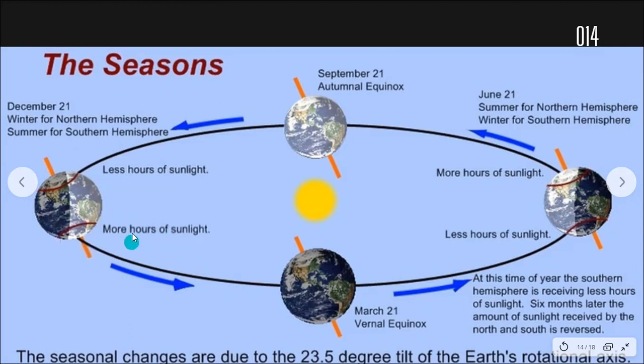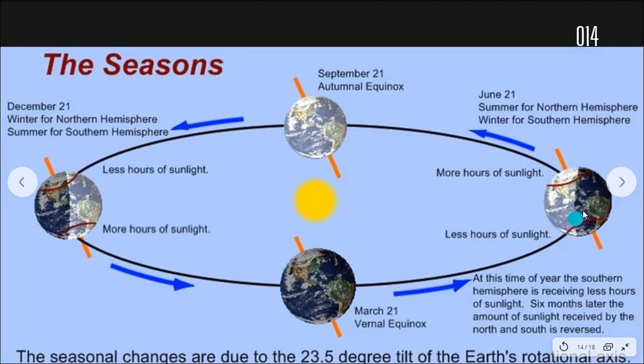When this happens, you have summers in the southern hemisphere, and here on the northern hemisphere, sunlight is indirect. That makes it winters in the northern hemisphere, right? While the North Pole has night for 6 months, the South Pole has daytime, right?